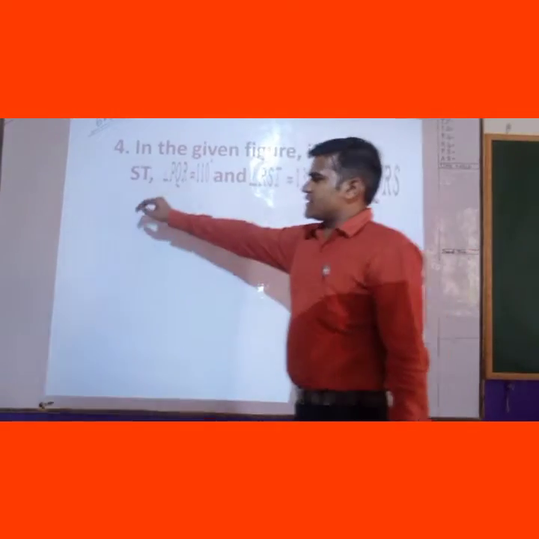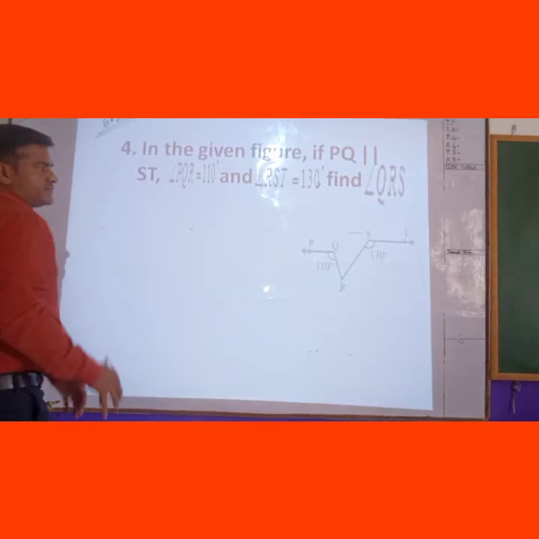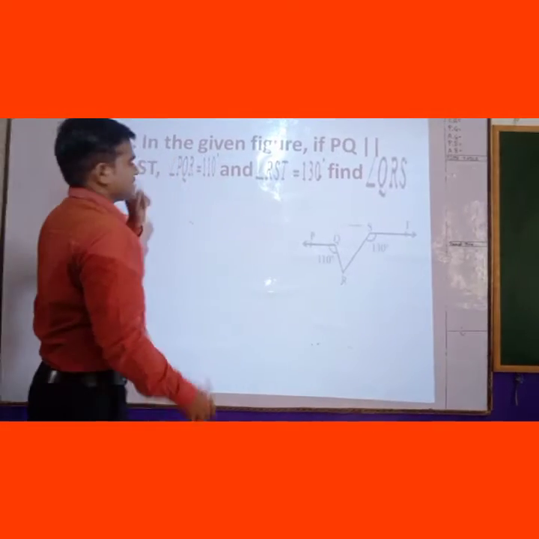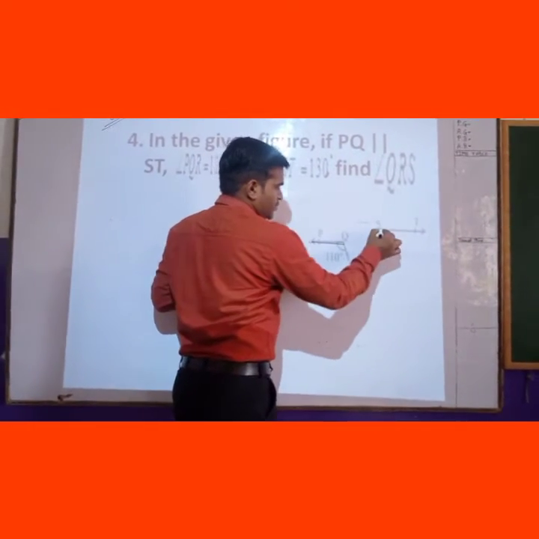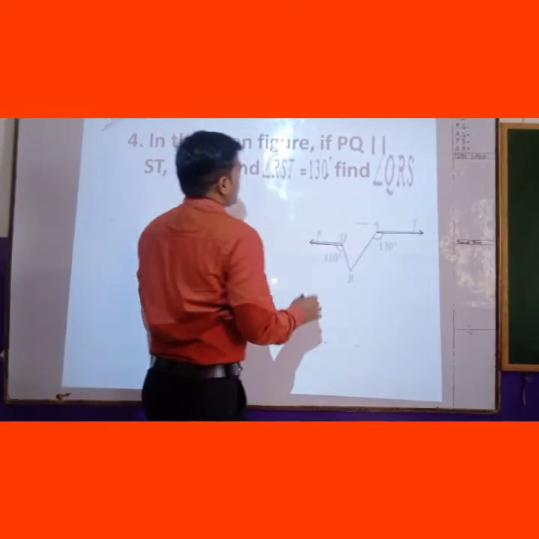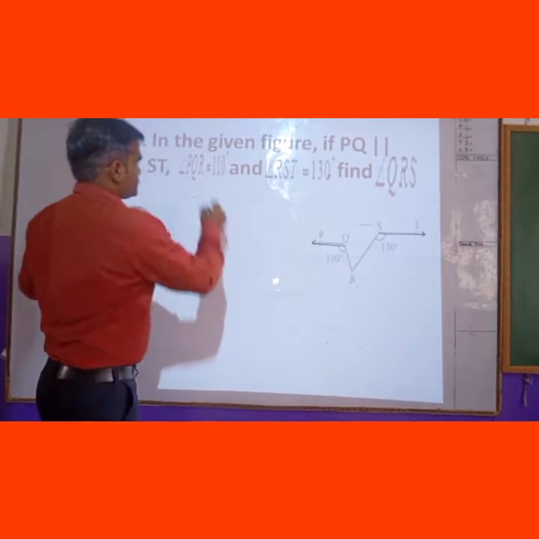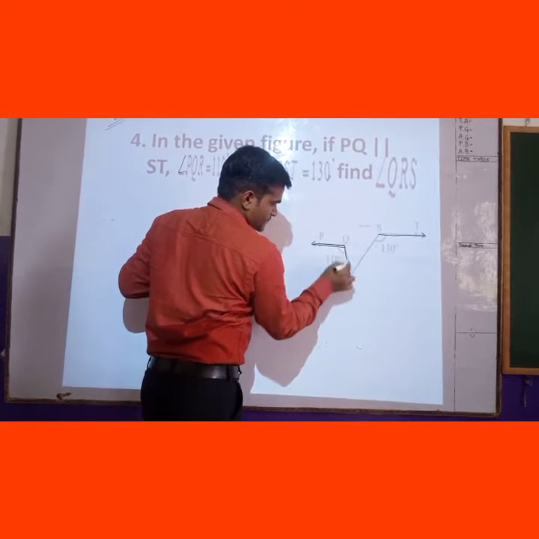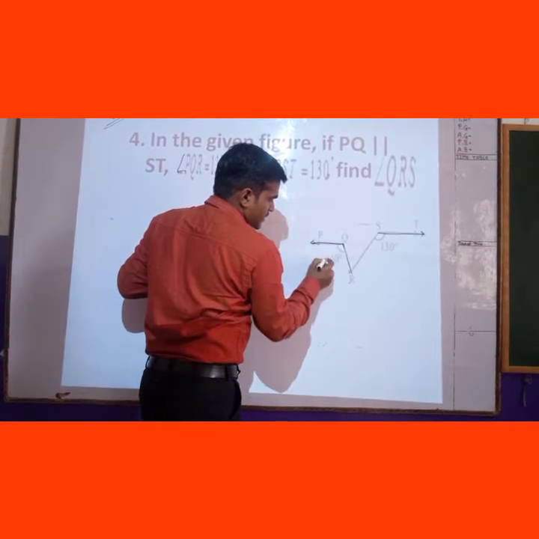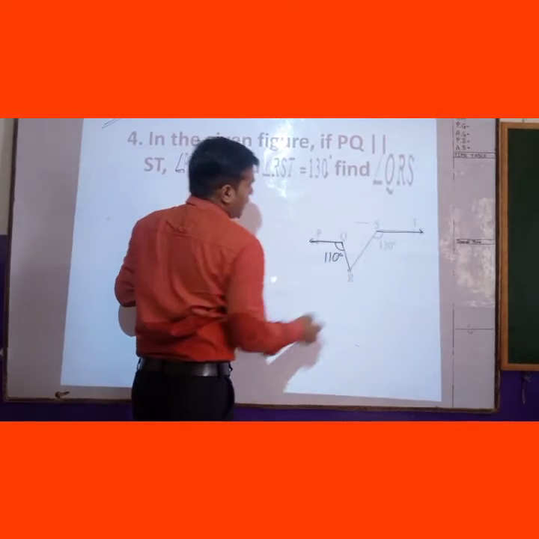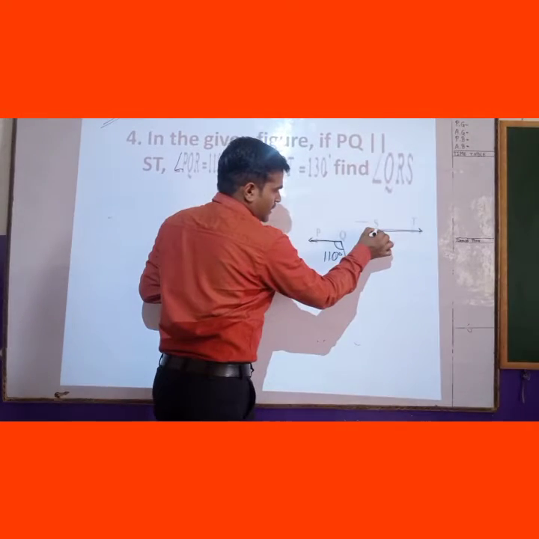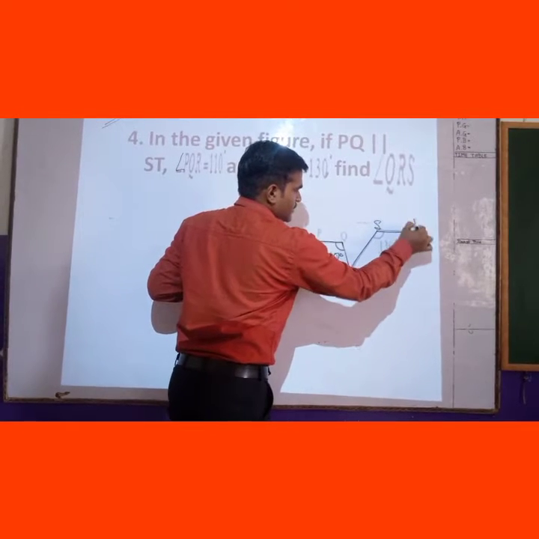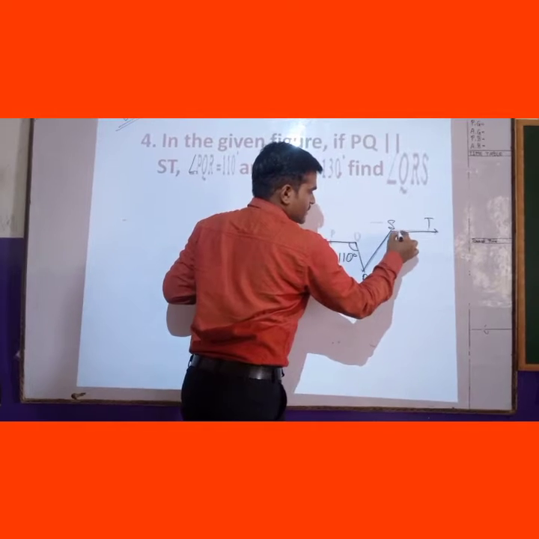In question number 4, it is given that in the given figure, PQ is parallel to ST, and angle PQR is equal to 110 degree, and angle RST is given as 130 degree.